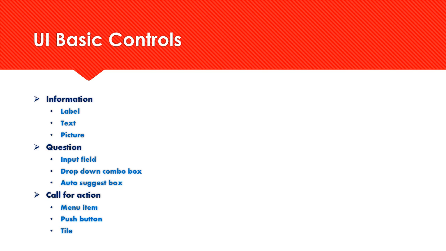There are many possibilities if we look at the controls that ask questions. For example, an input field where you enter values, a drop-down combo box where you select values, or an auto-suggest box. A call for action can be a menu item, a push button, a tile, and who knows what other kind of manifestations there will be in the future.